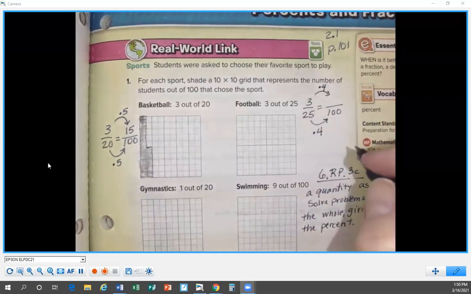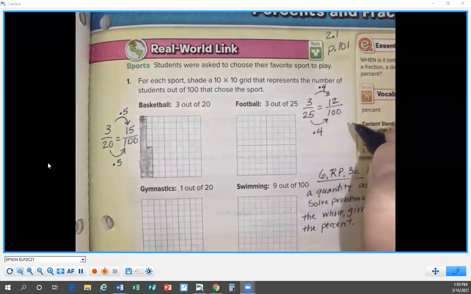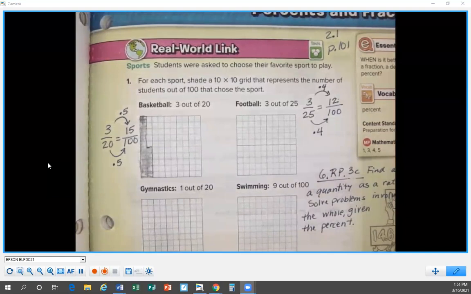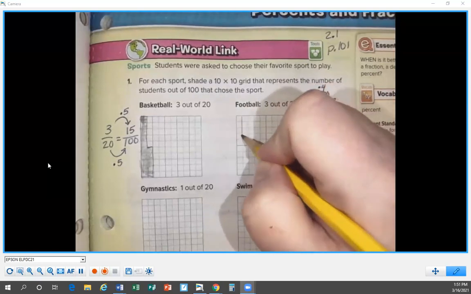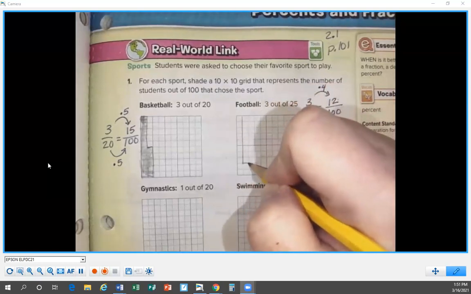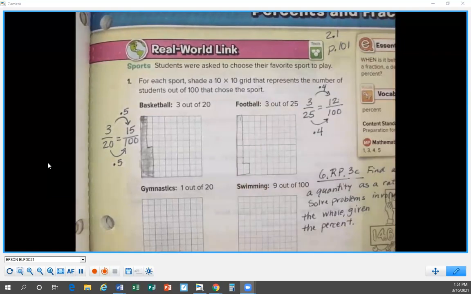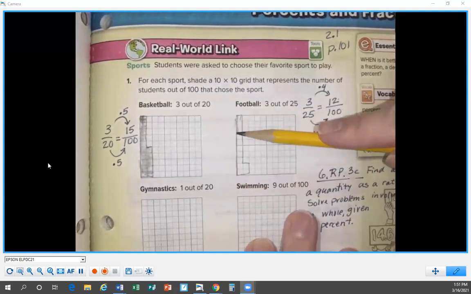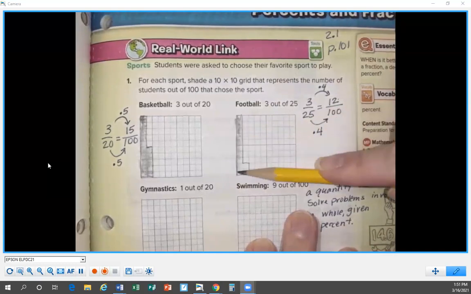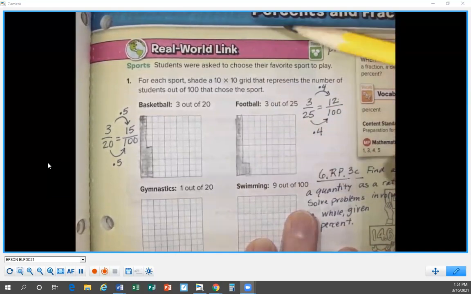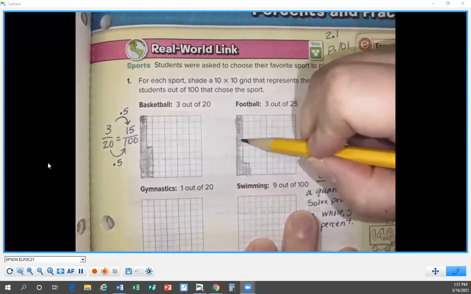And 3 times 4 would be 12. So 12 out of 100 students would play. If there are 3 out of 25, then it would be 12 out of 100. So I'm going to go ahead and shade in 12 out of 100 because that's how many students would play football. Okay, 12 out of 100.